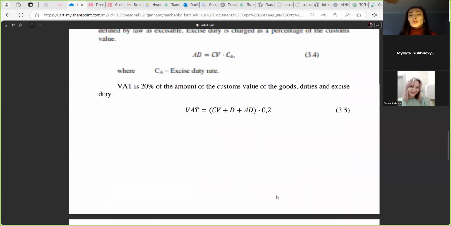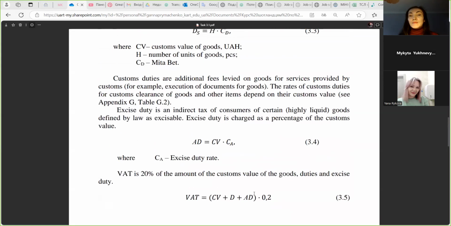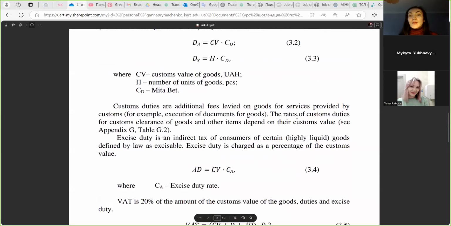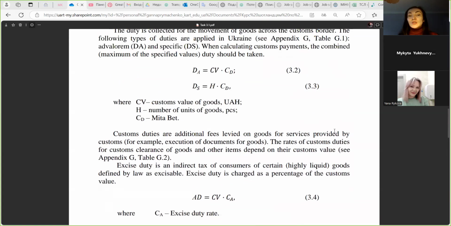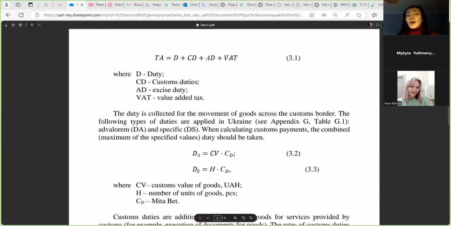Okay, and we come back to our formulas. So we find, okay, it is our customs duties. Sorry, it is not for our formulas. We need this second parameter, formula 3.1. We find D as duty, we calculated it, and now we find the second parameter CD. It is customs duties. Do we need to pay this CD or not?